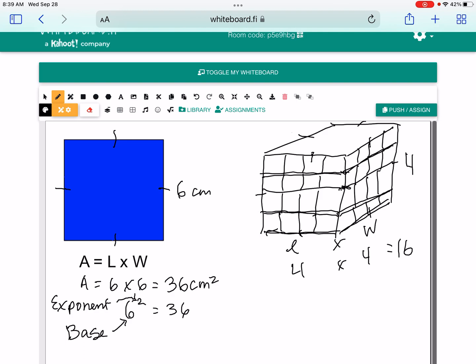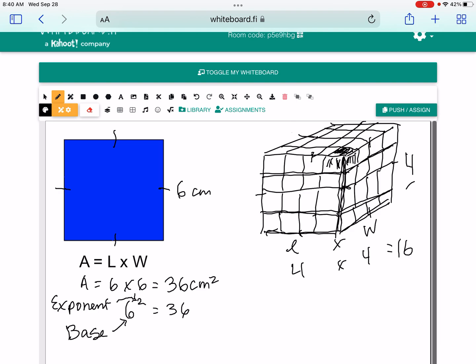So if you looked down on your figure and you could see through it very clearly, you would have an area of 16 for each one of these layers going down. So it's not enough, if we're trying to figure out how many of these units, let me shade this, are in the entire figure, to say just length times width, because you also have to account for this height.